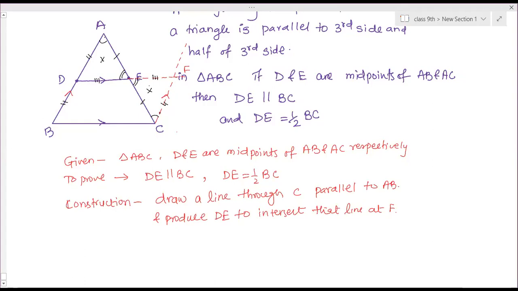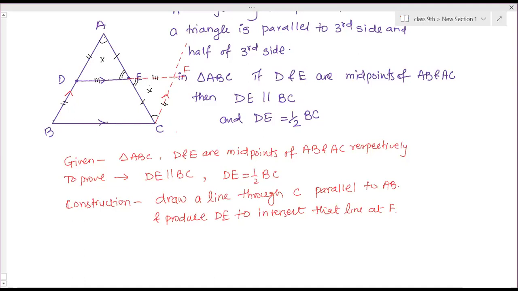So in a quadrilateral, if one pair of opposite sides is equal as well as parallel, then it is a parallelogram. So DBCF is a parallelogram, and therefore opposite sides are equal and parallel. So DF is parallel to BC. DE is part of DF, so DE is parallel to BC.